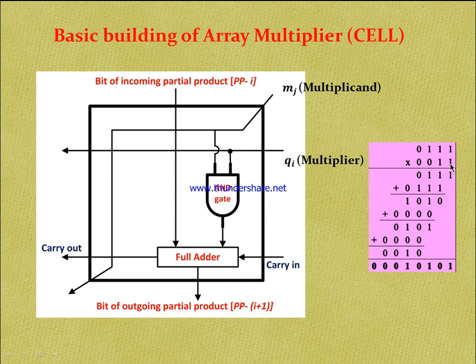Suppose this bit should be multiplied with this bit. So this is the multiplicand. That means it comes here, this one comes here, and this is 1. Similarly this is the multiplier. The multiplier should go here also. This is 1. This is the AND gate, 1 into 1, result is 1.